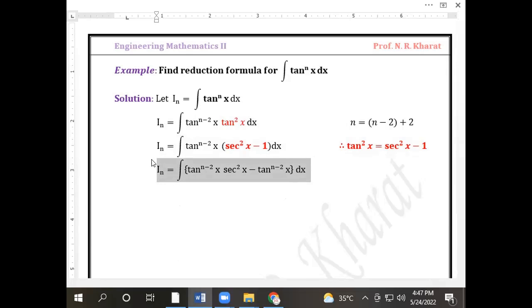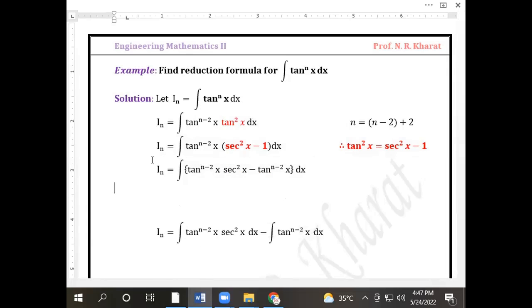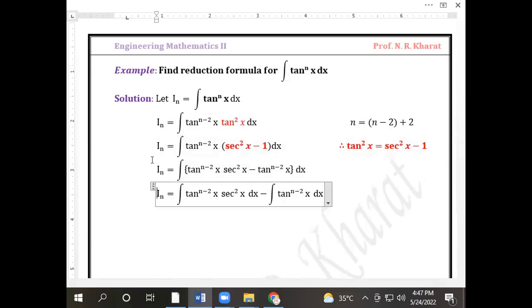So we get this step after the multiplication of the bracket with tan raised to n minus 2 of x. We have to make separate integrations of these two terms. The first integration becomes tan raised to n minus 2 of x sec square x dx, minus integration tan raised to n of x dx.